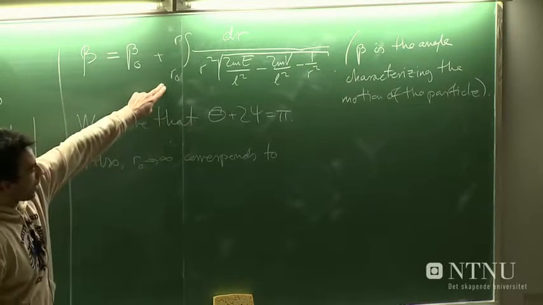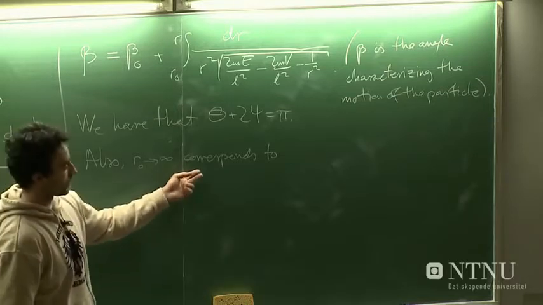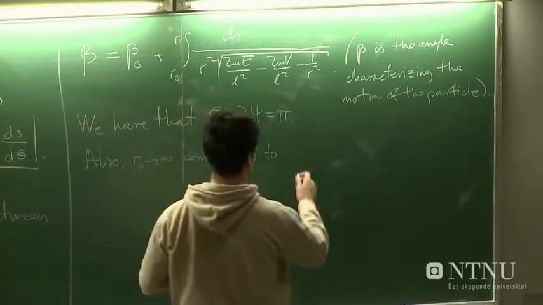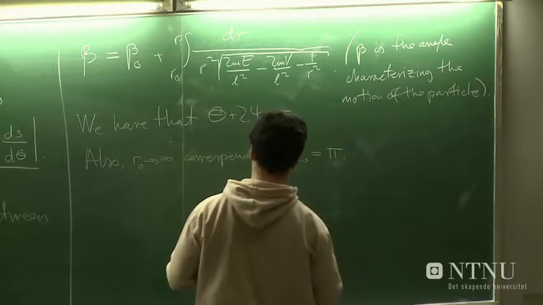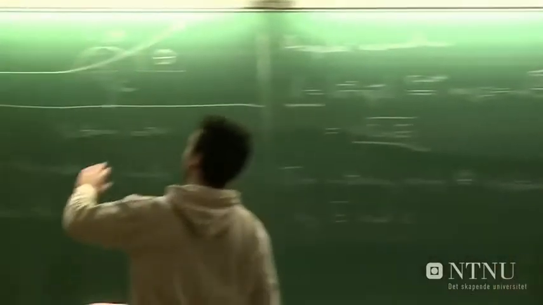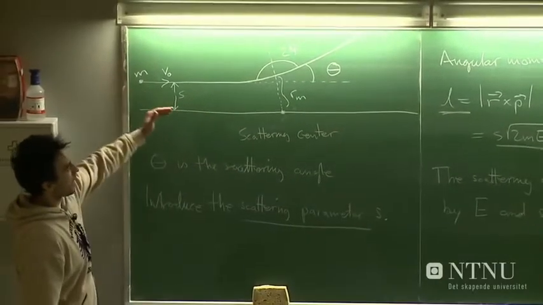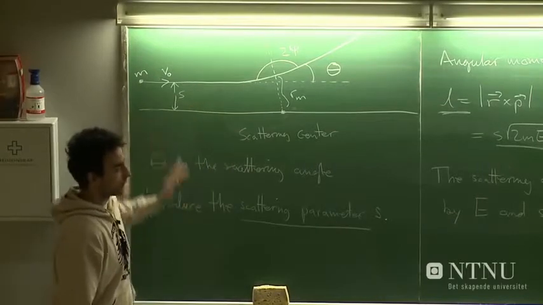Also, if we let R0 go towards infinity, it corresponds to setting the angle equal to pi. So if we just start over here, we have an angle pi characterizing the position of the particle.